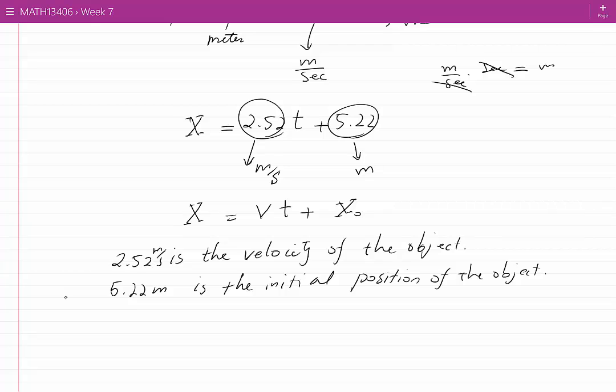If you plug in t equal to 0 into the equation, you would get x is equal to 5.22.